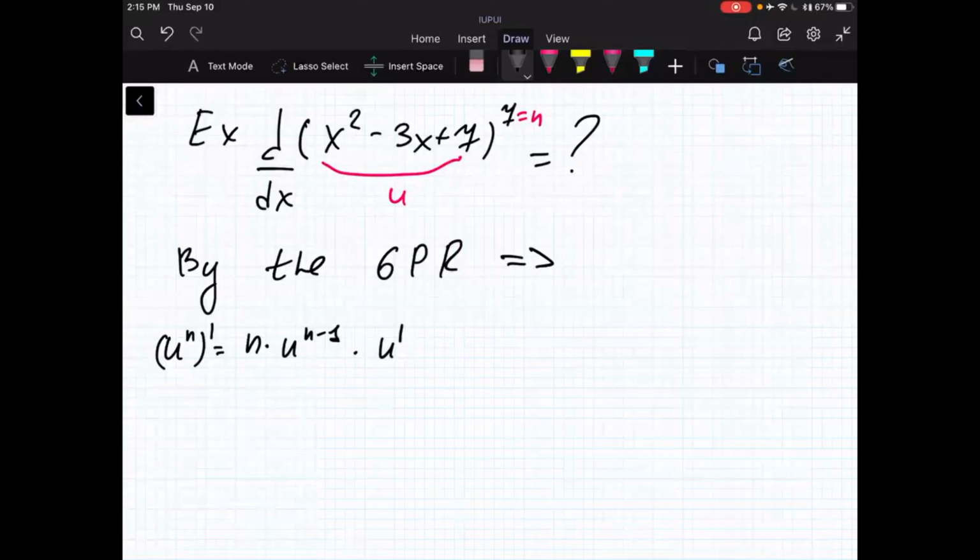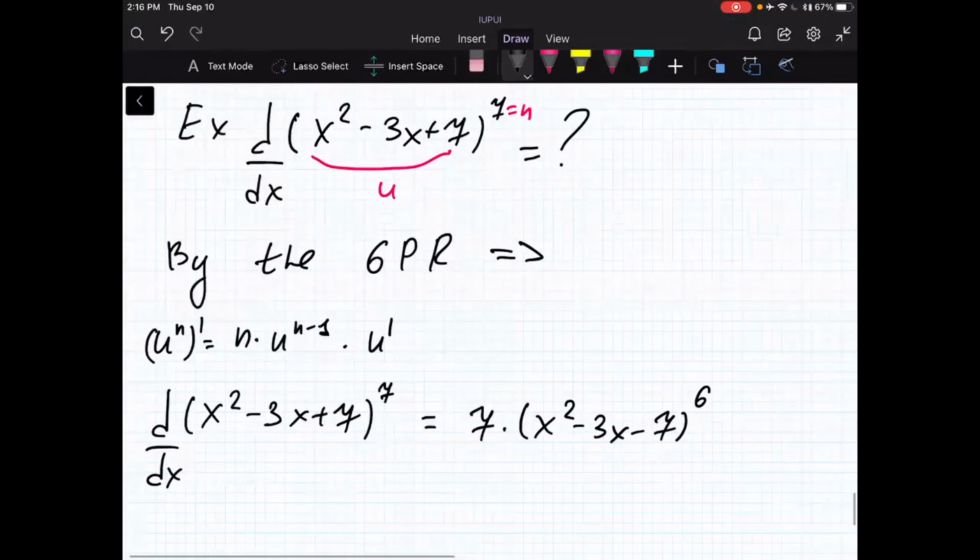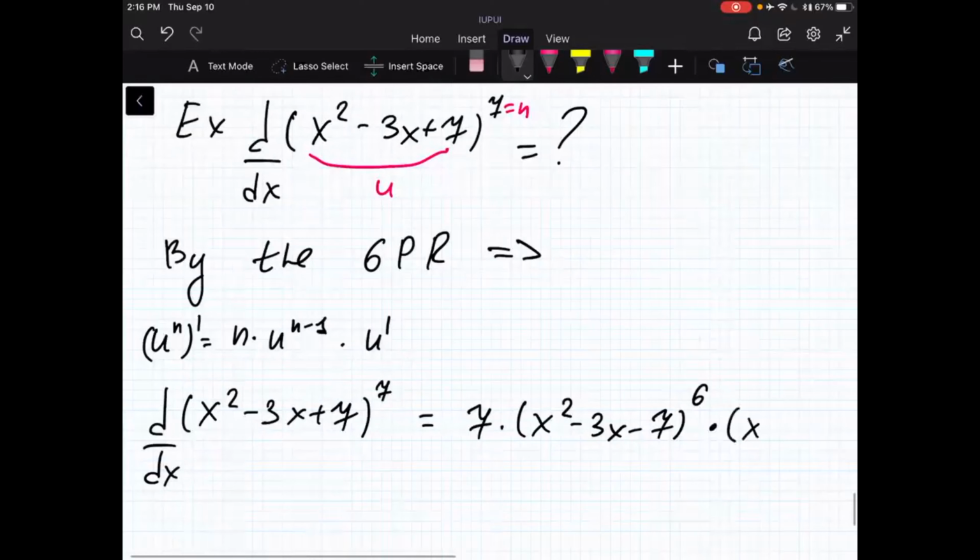So it is 7 times the same function x squared minus 3x plus 7, but to the power which is 1 less, so 6, times the derivative of that function itself.